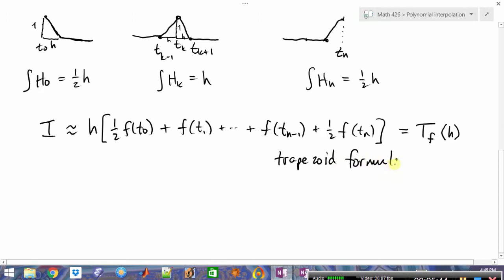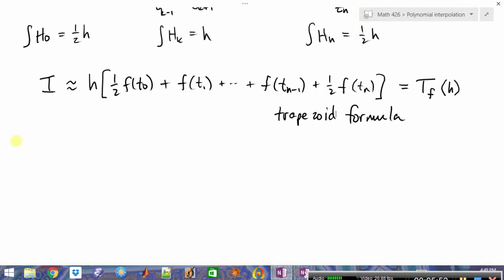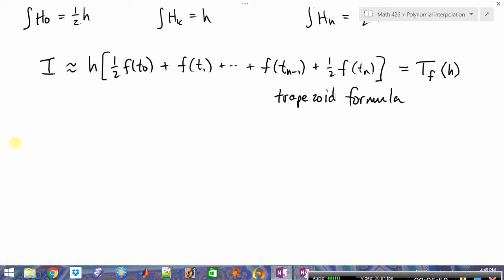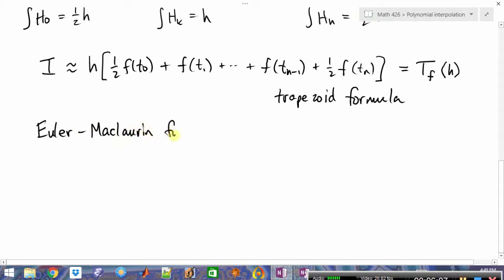It is the most indispensable of all the quadrature formulas you could get. There's a beautiful error formula, so you can use Taylor series if you like, but there's a better one. It's called the Euler-Maclaurin formula. And it's really neat.